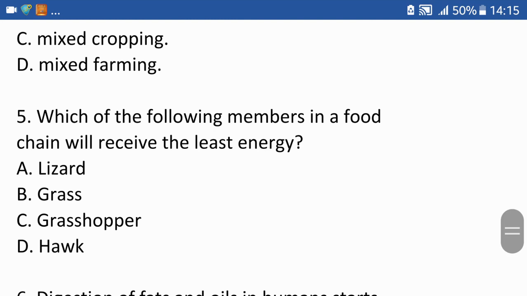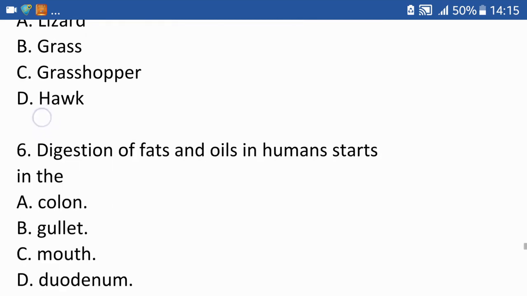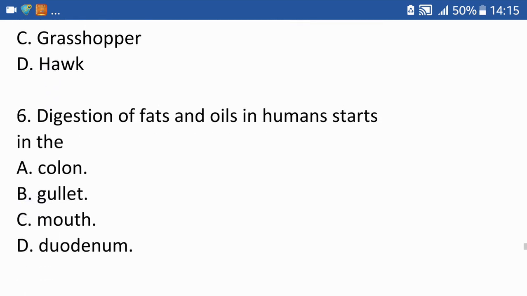Which of the following members in a food chain will receive the least energy? Question 6. Digestion of fats and oil in humans starts in the.